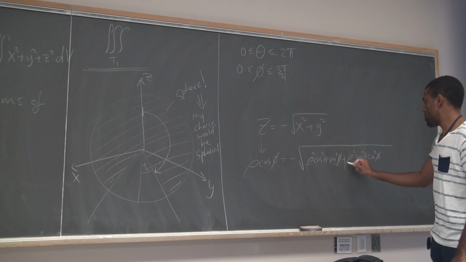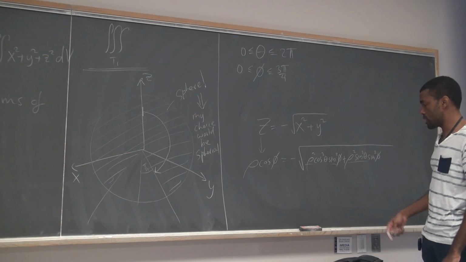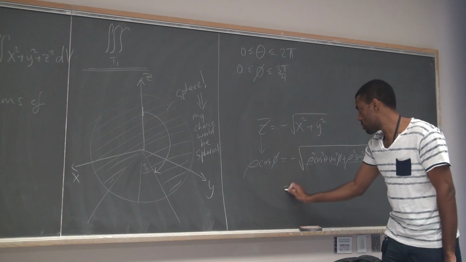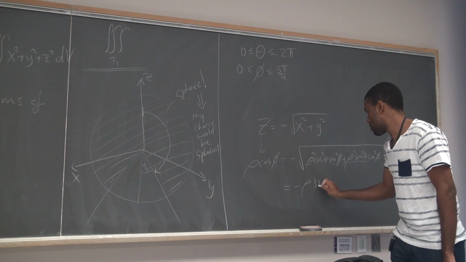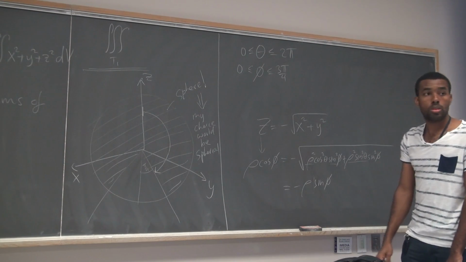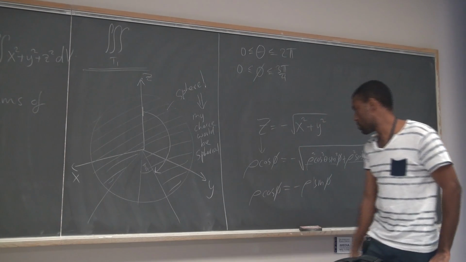Rho sine squared phi is a common term. When you factor that out, you're left with cosine squared plus sine squared, which becomes 1. So this comes down to rho sine phi. So this is rho cosine phi equals rho sine phi.